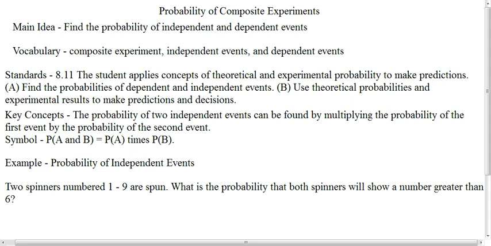Anytime we're looking at the probability of an event, first of all, we must understand that a probability is always denoted or written as a fraction, a ratio, a decimal, or a percent. And the probability is measured between 0 and 1. So the probability of an event is written as P, parentheses, whatever the event is.